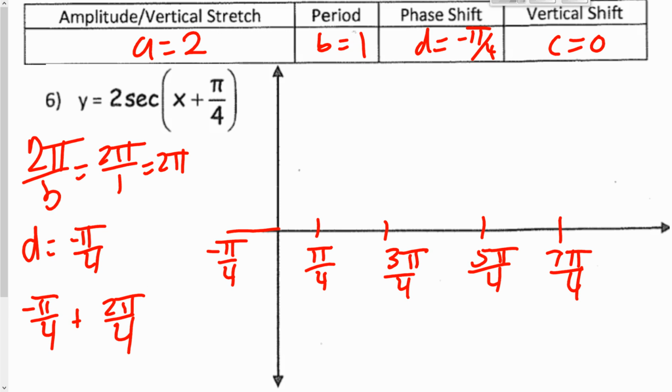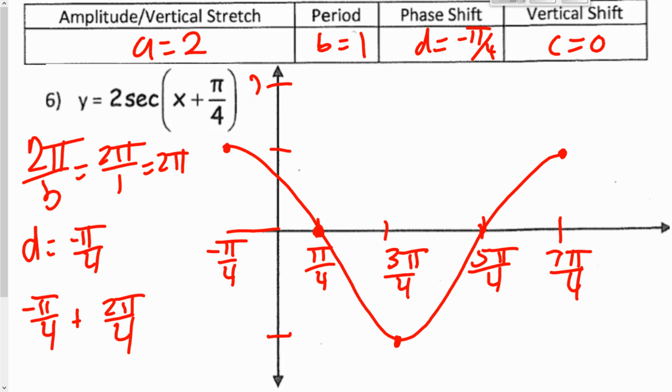All right, so then our normal cosines are at 1, 0, negative 1, back to 0, back to 1. So it looks something like this, right? Normal cosine does. But then we multiply those by our a, which is 2. Let's just do 2 here.